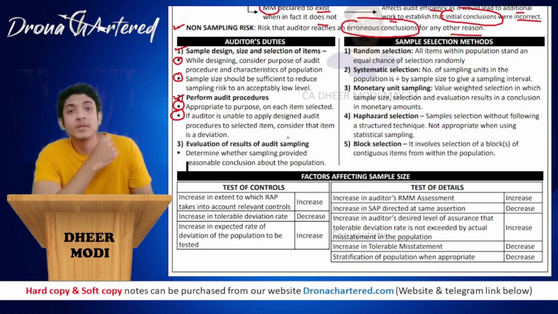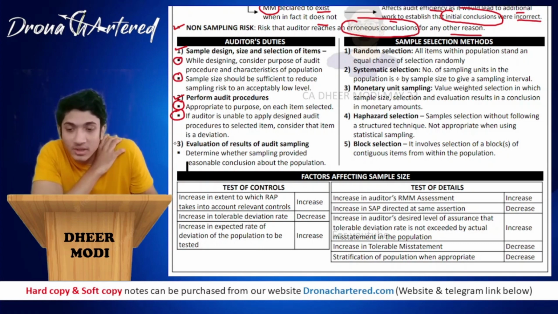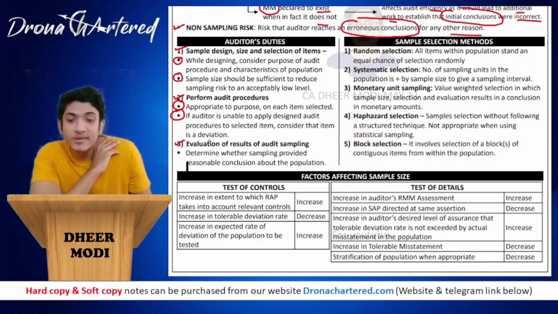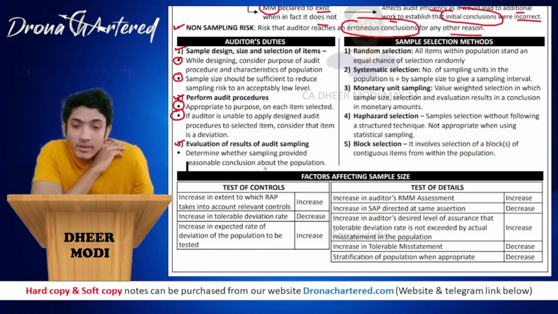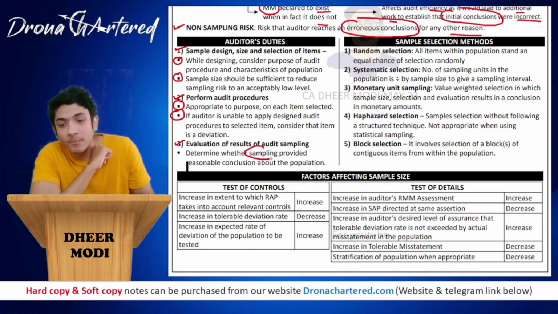If you are not able to apply your procedure, then that item will be considered as a deviation. And third is with regards to evaluation of results of audit sampling. So determine whether sampling provided a reasonable conclusion about the population. You will have to check whether the sampling that you have done provides a conclusion about the whole population or not.